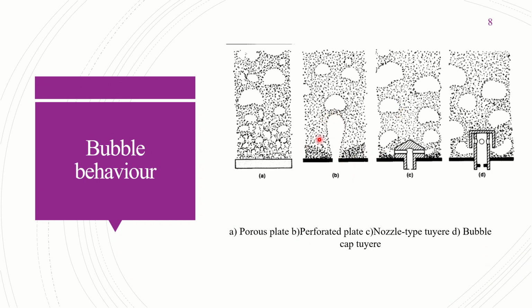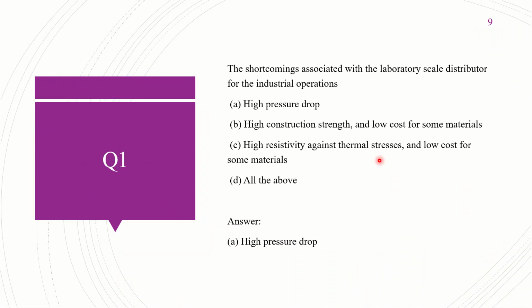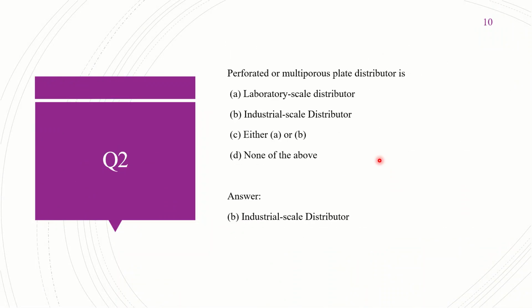So the dead zone is more predominant in the perforated plate, whereas in the nozzle type tuber the dead zone is minimized. So obviously the nozzle type tuber gives better mixing of particles than the perforated plate distributor.